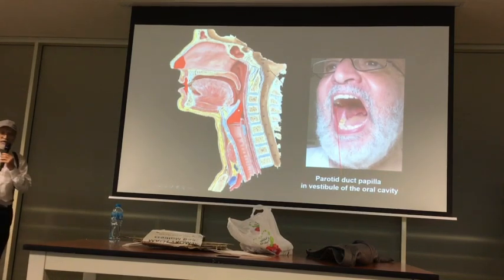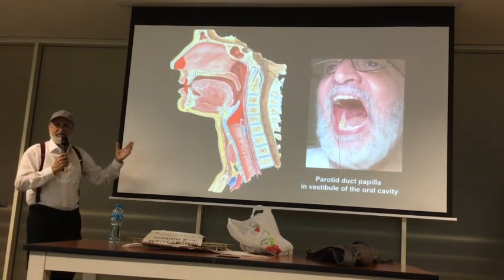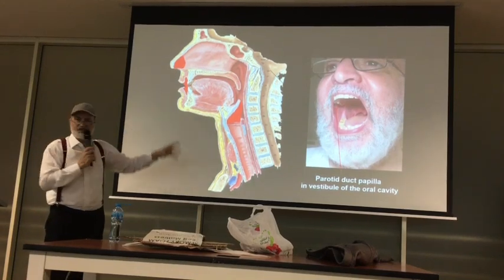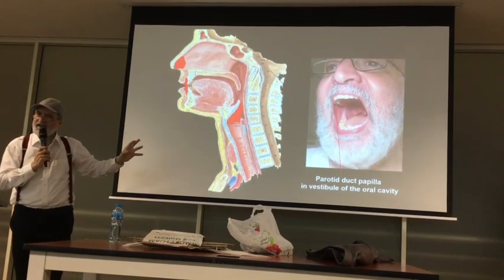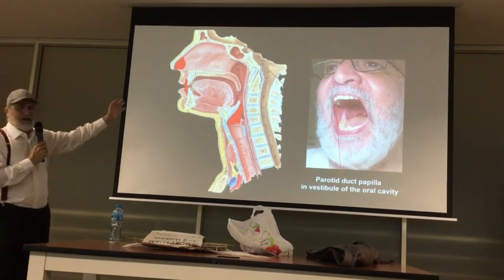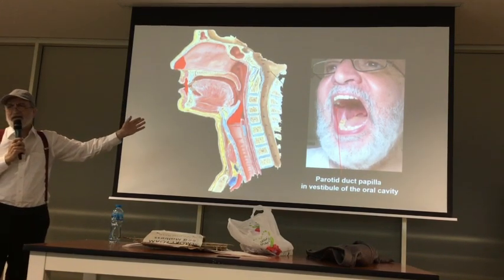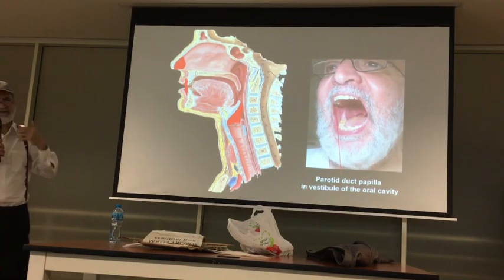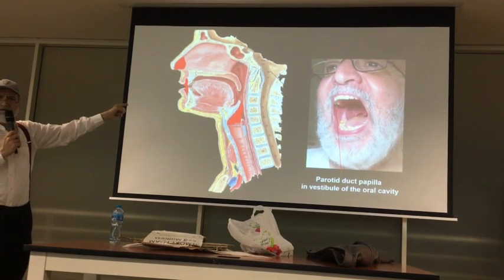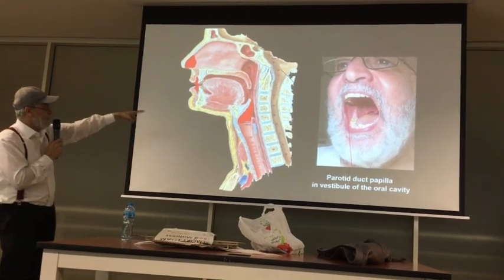So the word vestibule, they gave it to me because they know that I like this area and I teach this area nicely. The only thing I know in anatomy, perhaps. So here is vestibule, vestibule, vestibule.